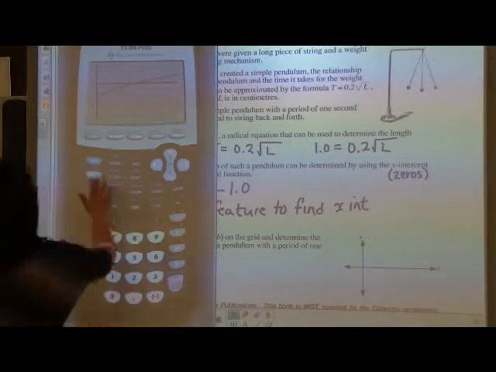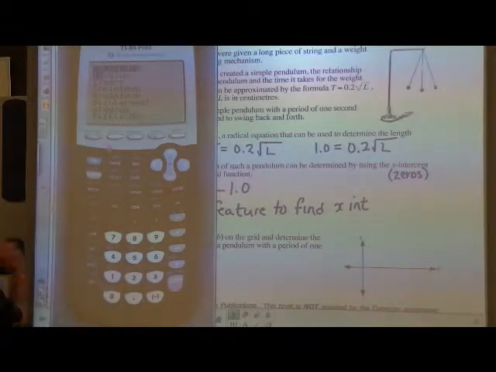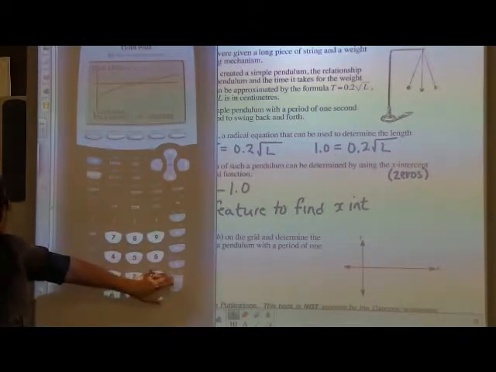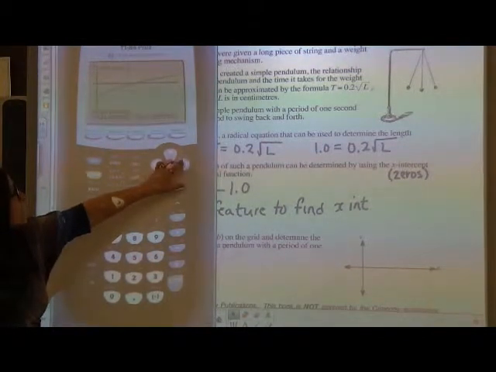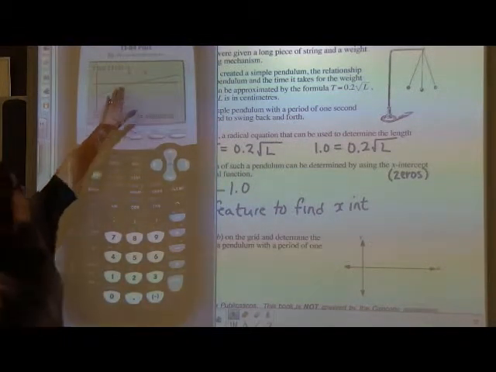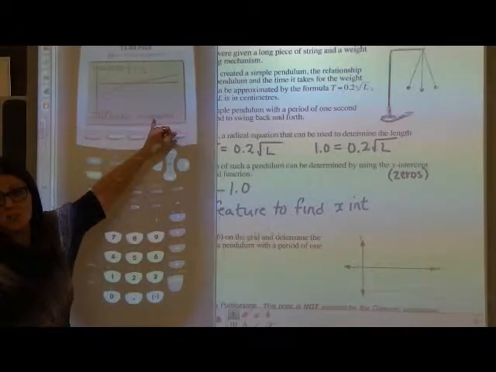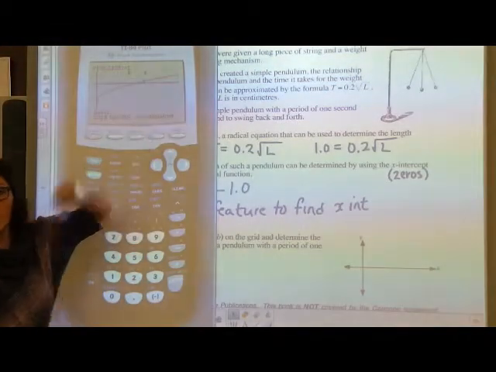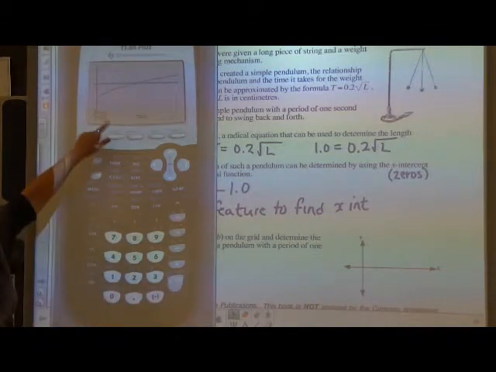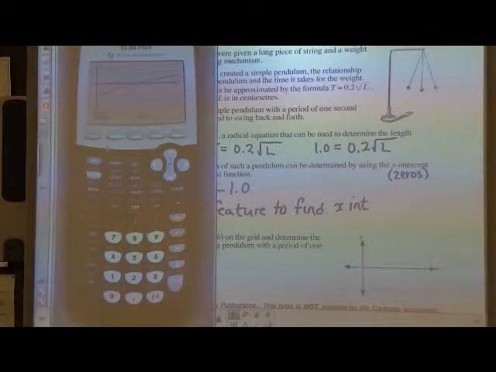So then to find the 0, second calc 0, and then I have to be on the left side of this 0 value, and then the right side of the 0 value. I want to make sure the arrows point to each other. When I'm on the left side, my y values will be negative. When I'm on the right side, my y values would be positive in this case. And I get a 0 of 25.